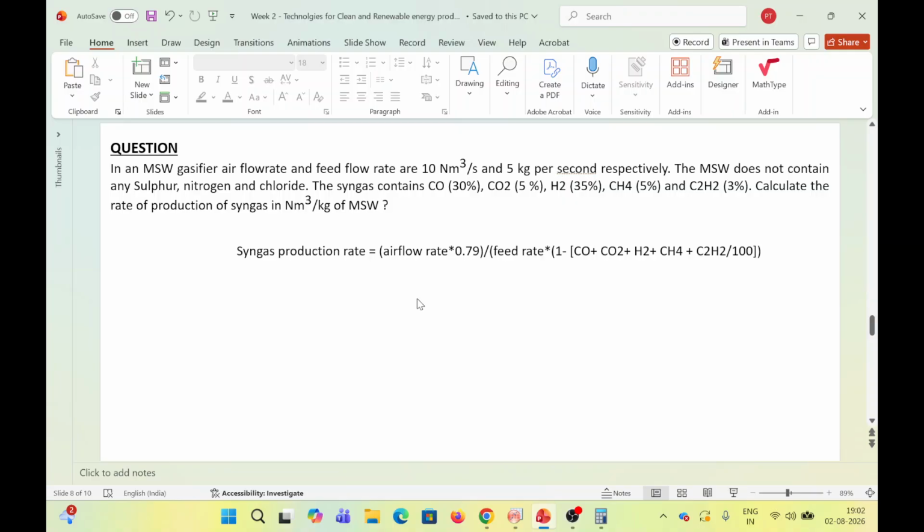Any answer? Anyone who has solved the problem already? I think this is there even in the tutorial too, I believe.